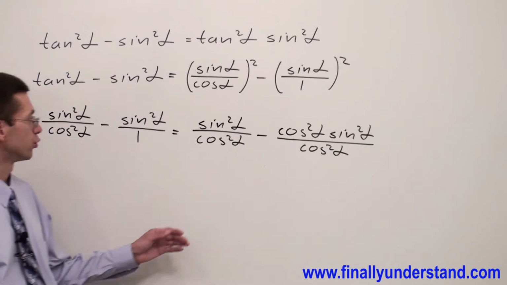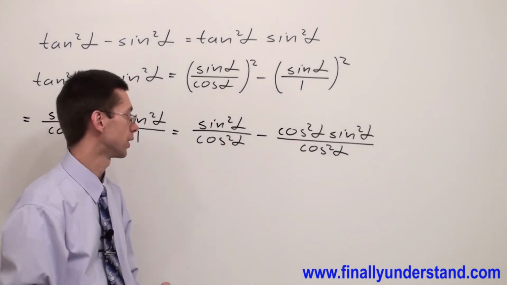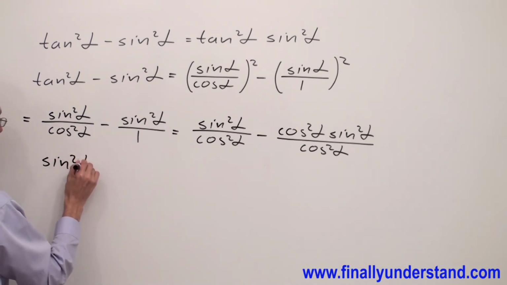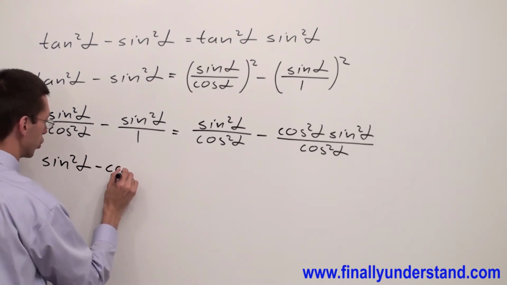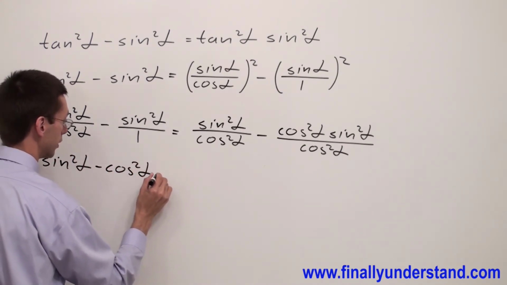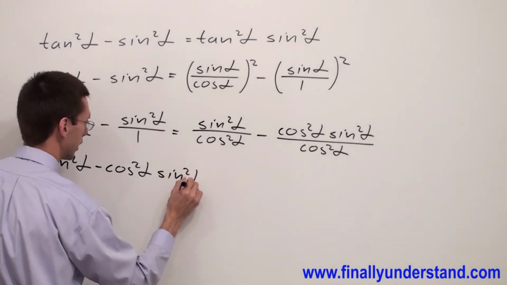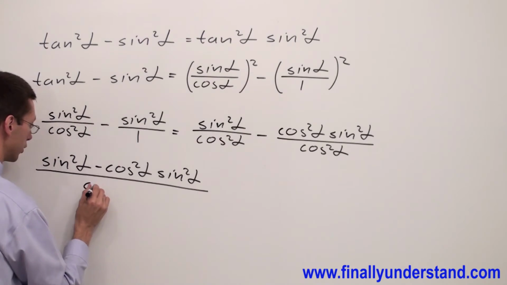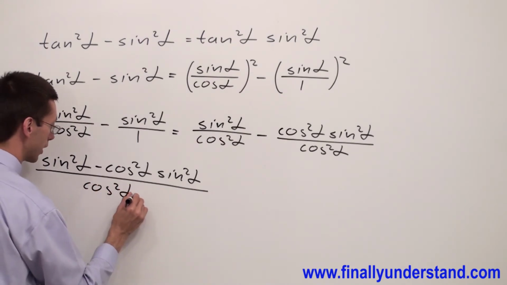Next, I'm supposed to perform the subtraction. So I'm going to have sine square alpha minus cosine square alpha sine square alpha over the common denominator cosine square alpha.